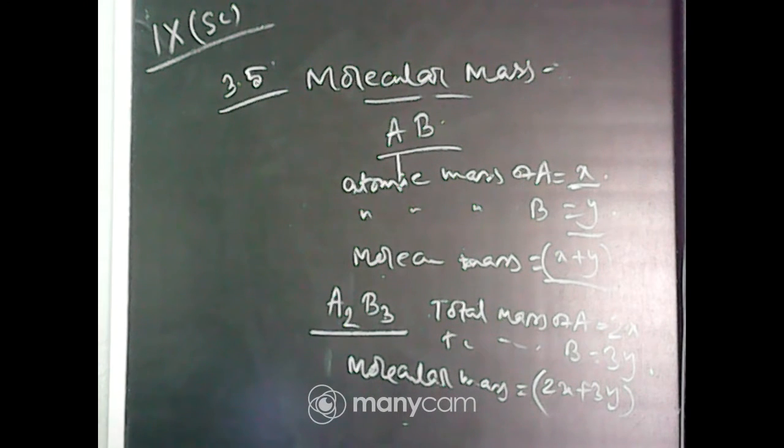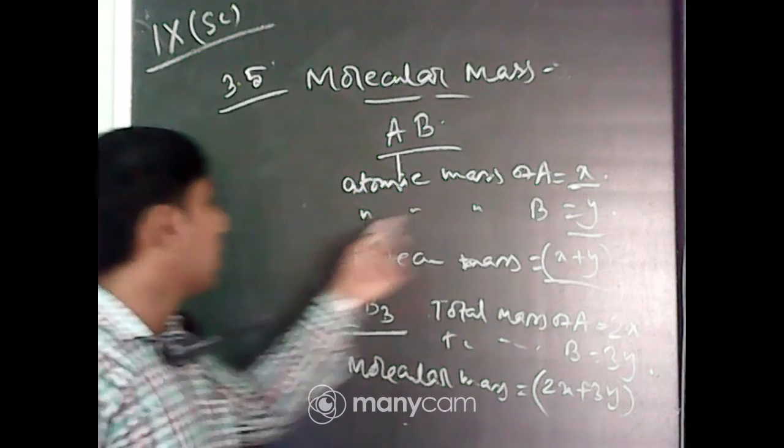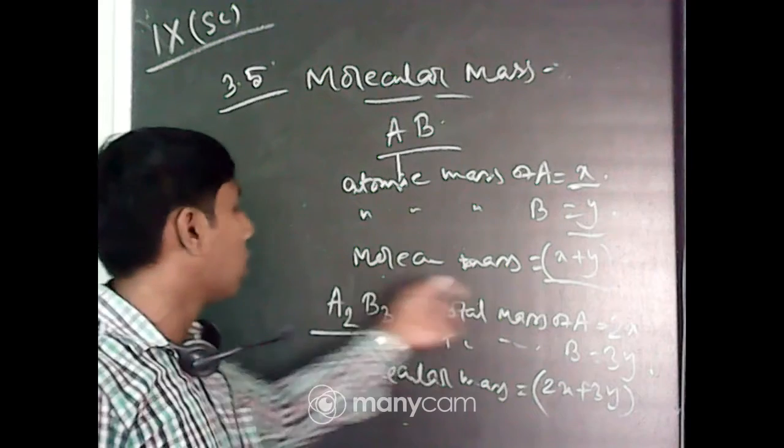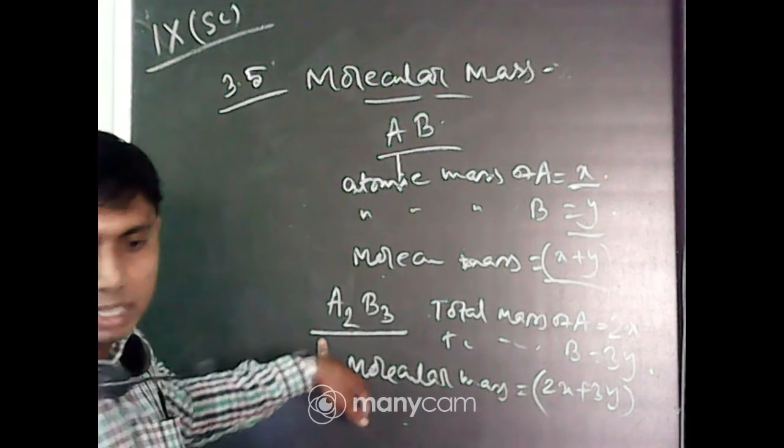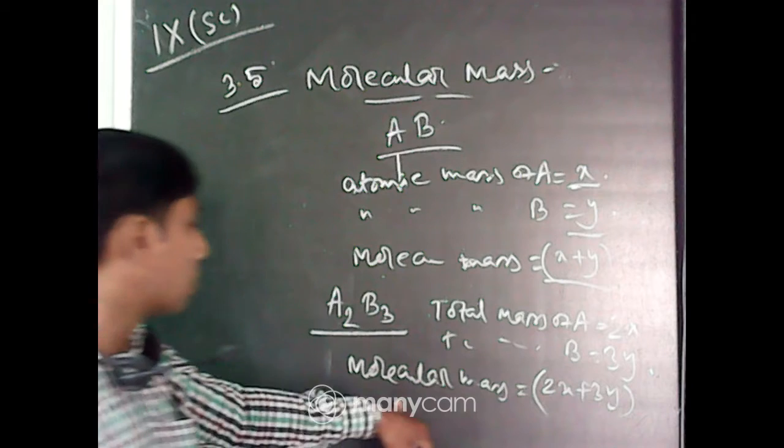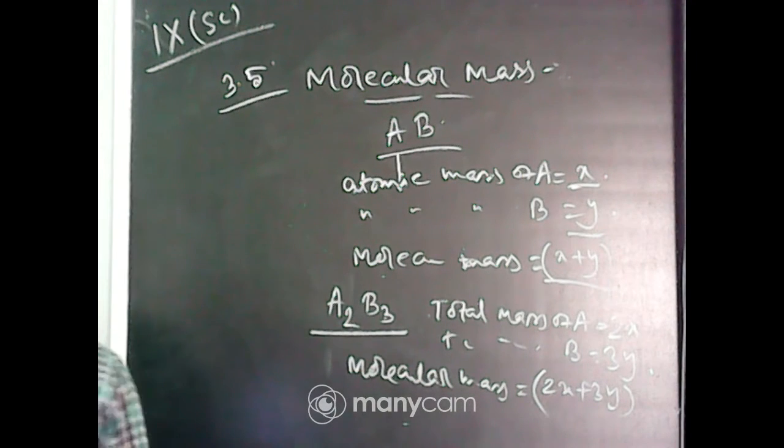Clear regarding the molecular formulas AB and A2B3? If the atomic mass of A is X and of B is Y, then the molecular mass is X plus Y. If the formula is A2B3, then the molecular mass is 2X plus 3Y. Is it clear? Have you written it?